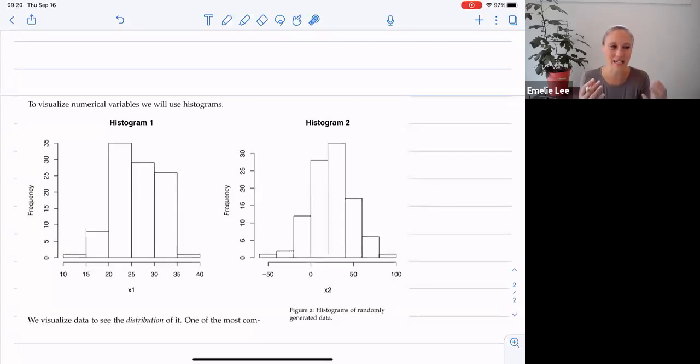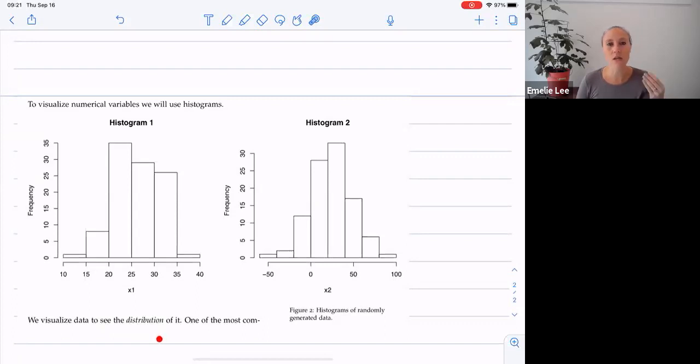I think when you look at it, we kind of get an idea of, all right, what does this data set look like? So I've got histogram 1 and histogram 2. We can see right away that they have slightly different shapes. And so we visualize the data to look at the distribution of it.